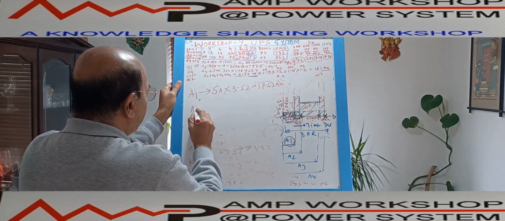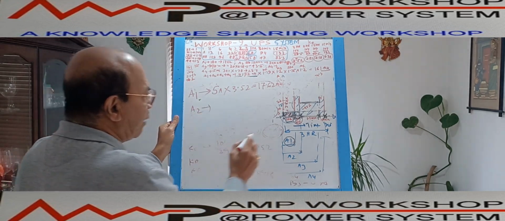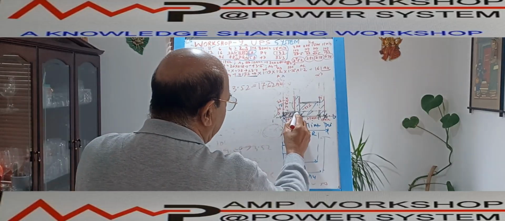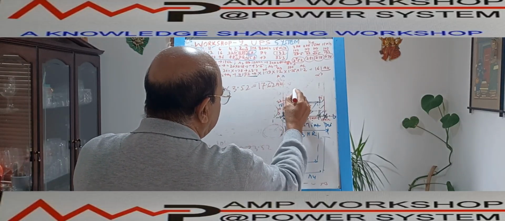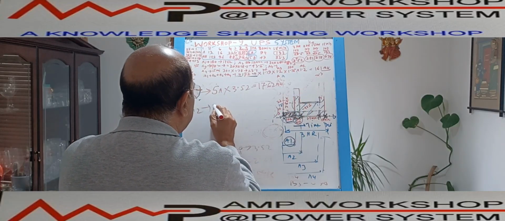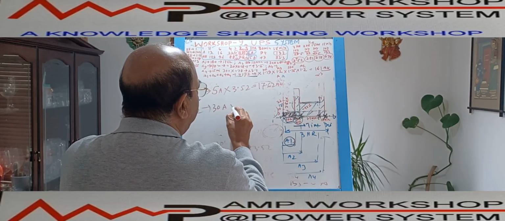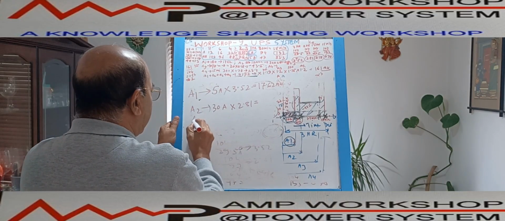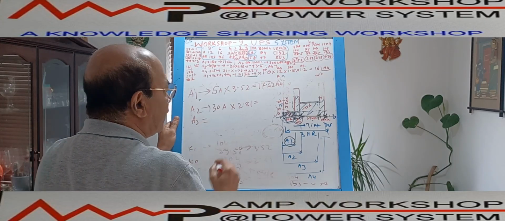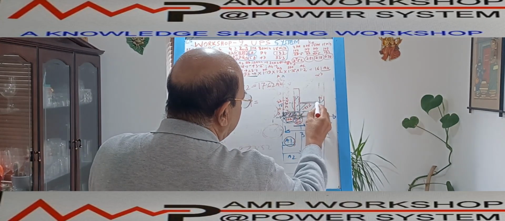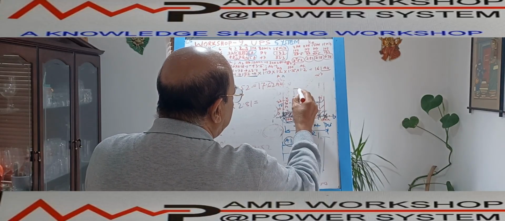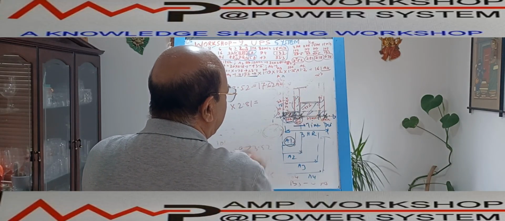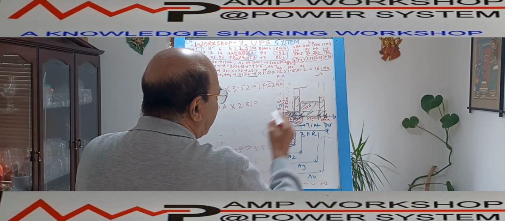Similarly, for A2, we have said what the change of current is. So the change of current is 35 minus 5, 30 ampere, into the K factor, 2.81. We'll calculate that. Now A3 is a change of current. Before that, I have a current of 35 ampere and this current is 15 ampere.